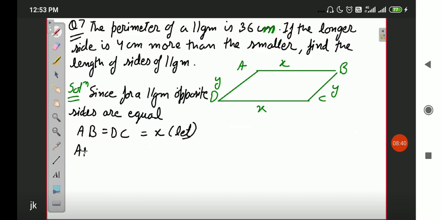Similarly, AD length and BC length are also equal and let both be equal to y. So AB and DC are x, AD and BC are y.